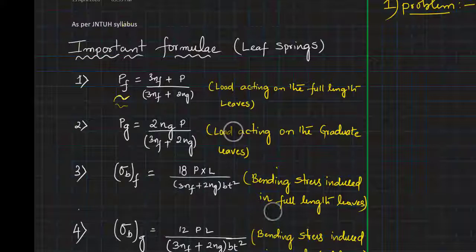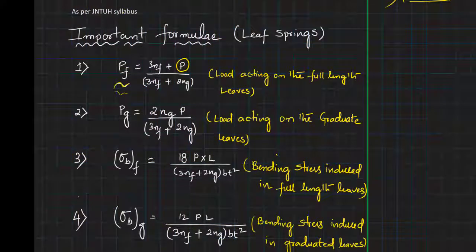And also you can see this formula. In this formula we are calculating PF by using P. Now what is P? P is nothing but the total load that is acting on the leaf spring. The second formula is similar to the first formula, but here we are calculating the load that is acting on the graduated leaves.